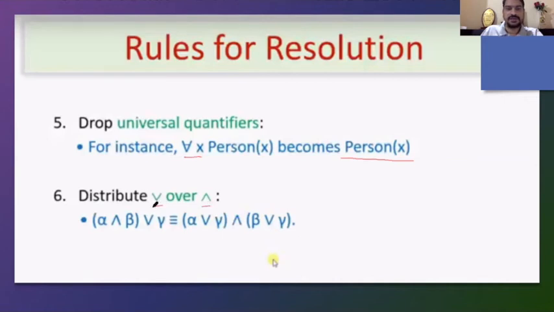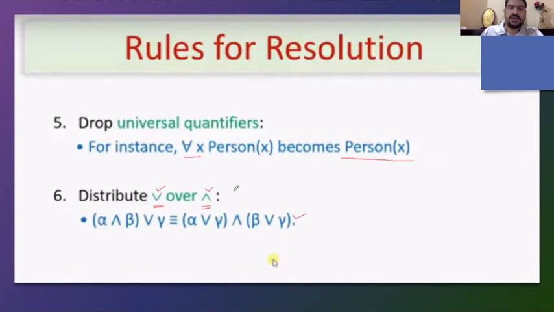It means distribute disjunction over conjunction. If we have a clause like alpha and beta or gamma, that can be represented as alpha or gamma and beta or gamma. In that way we can distribute disjunction over conjunction.